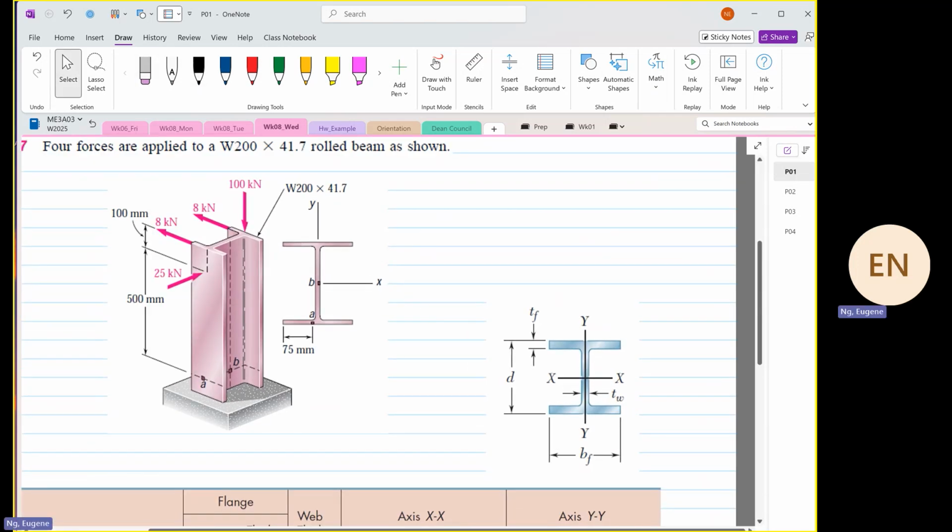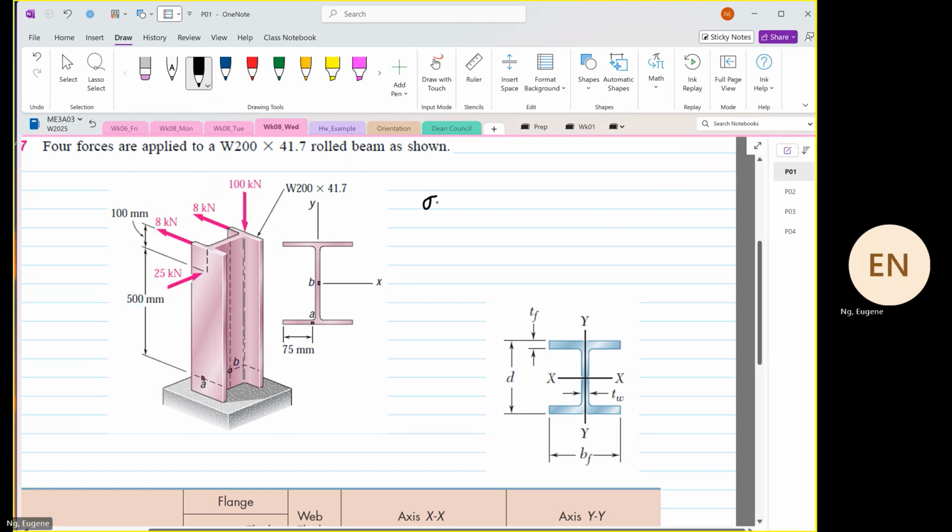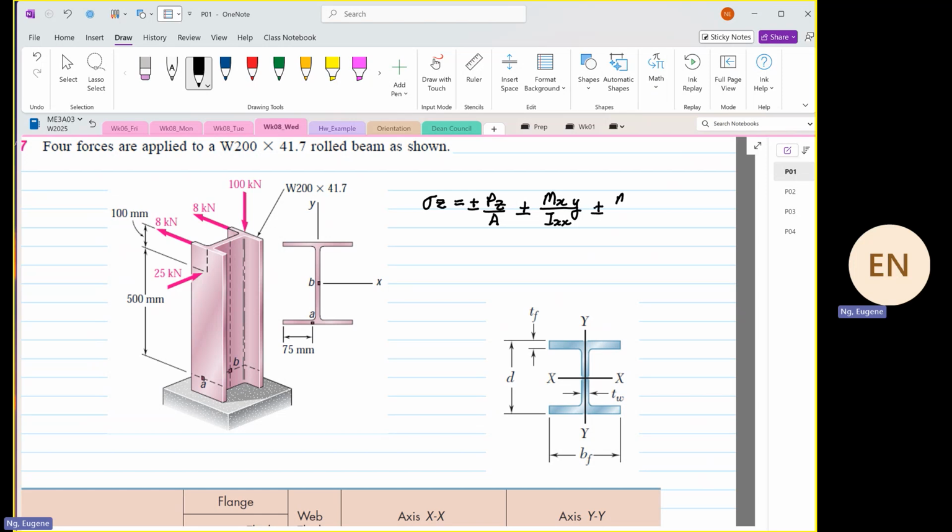We are going to calculate normal stresses in the Z direction, which is equal to PZ over A plus minus Mx over Ixx multiplied by y plus minus My over Iyy multiplied by x.